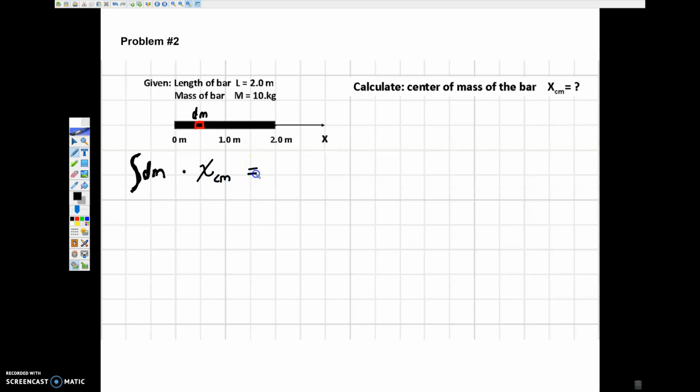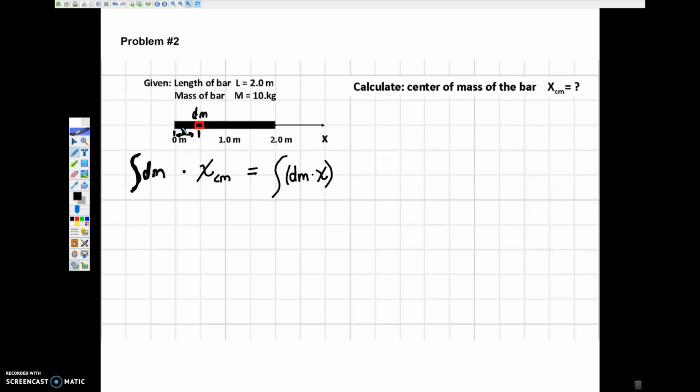And then that's going to equal the integral of each of those little bits of mass times each one of those masses' x-coordinate. So the x-coordinate would be from here to here.